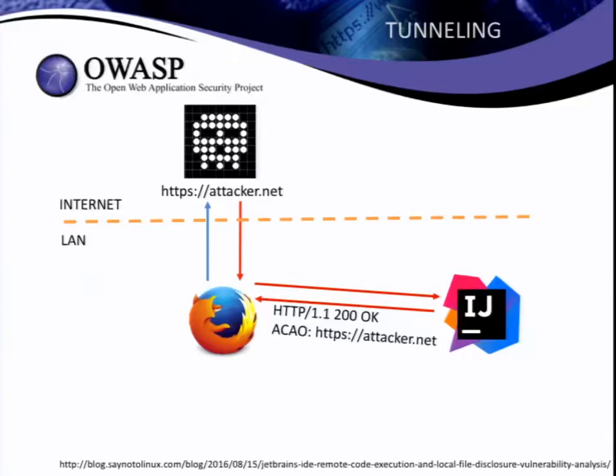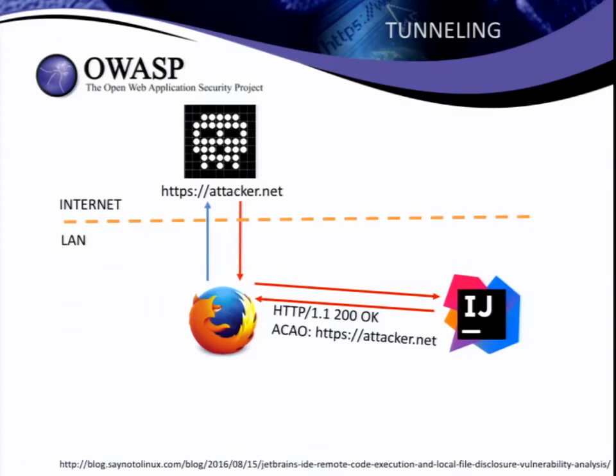The most obvious case is fairly well known, but I really have to mention it. And that's that if you say you allow access to all sites, using CORS even without credentials, that means attackers can proxy traffic through your web browser. And if you're like IntelliJ, which is a popular Java IDE, and you happen to bind the server to localhost, that means attackers can now send requests to that server.